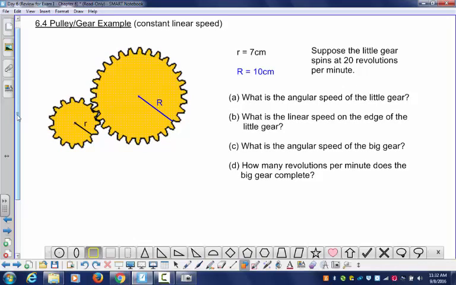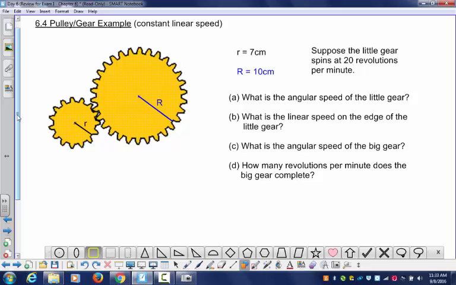All right. So we had 2 types of examples that we focused on for these linear and angular speeds. We looked at the scenario with the gears, where there's a constant linear speed and varying angular speeds.